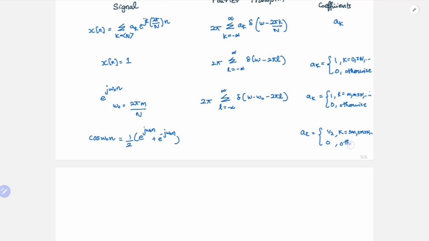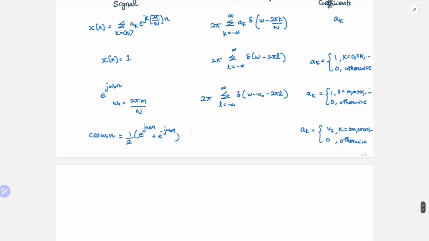So 0 otherwise. So what will be your Fourier transform? It will be π into summation l equal to minus infinity to infinity [δ(ω − ω0 − 2πl) + δ(ω + ω0 − 2πl)].